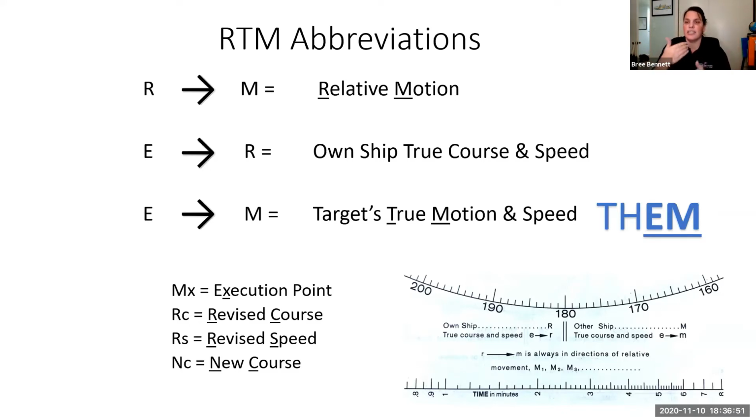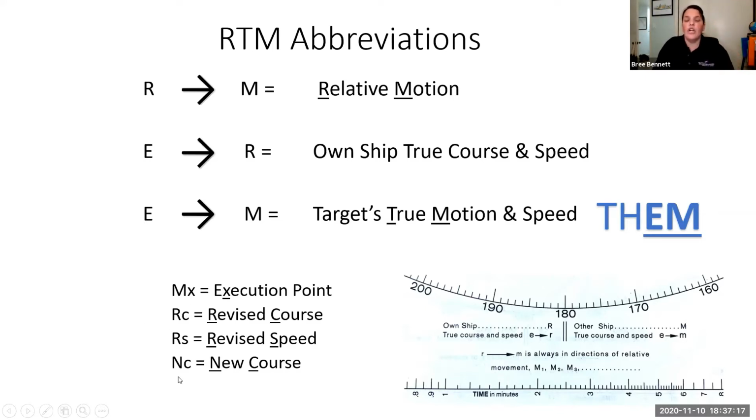That's going to be given to you in the problem, or by the captain, whatever it is. We also don't want to steer completely off our track line to avoid someone. So we're going to wait, not necessarily until the last minute, but until this point of execution to change course. That point of execution is going to be given to us.